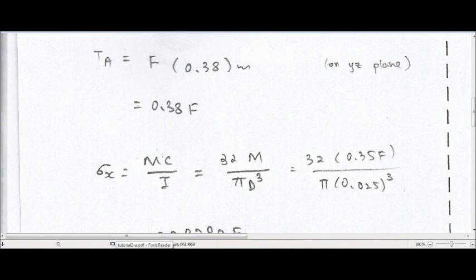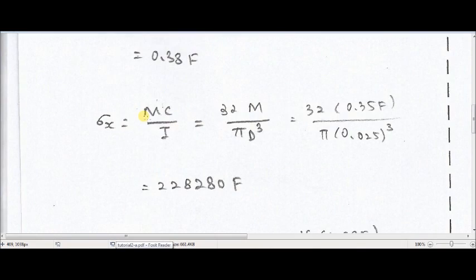After we find the moment and torque at this location, now I can find the bending stress and torsional shear stress. Again, we have this equation for the bending stress at this location.